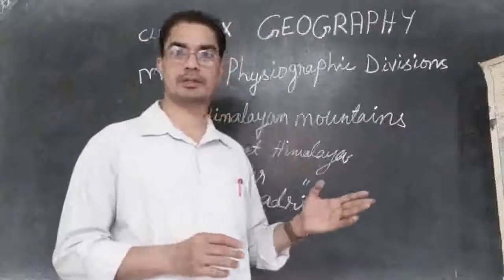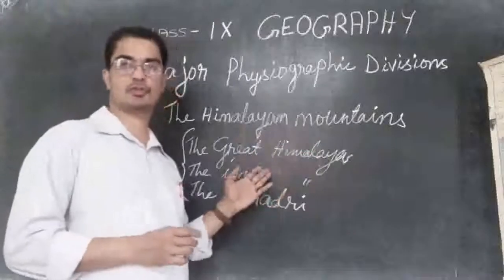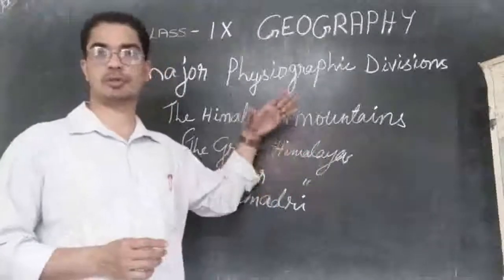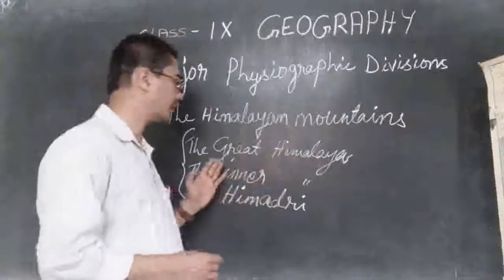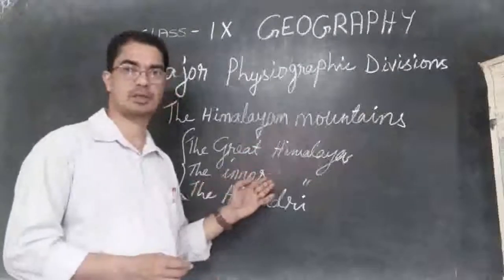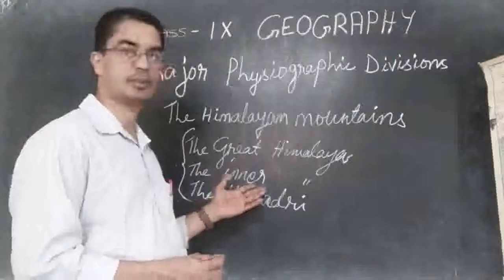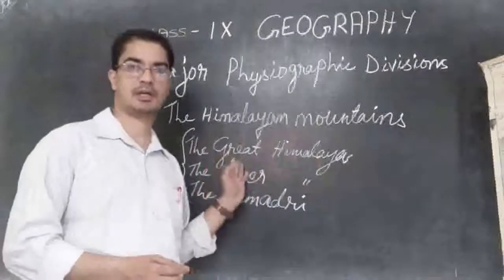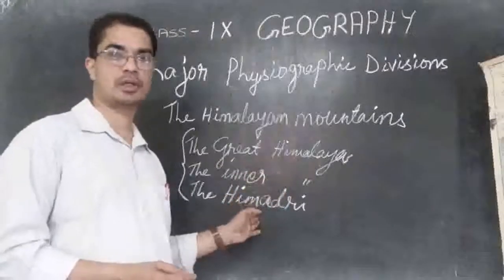Then we will find the three names that are used for the northernmost range of this Himalaya. It is called the Great Himalayas or the Inner Himalayas or Himadri. So three names are there. Remember, the Inner Himalayas or the Great Himalayas or Himadri.